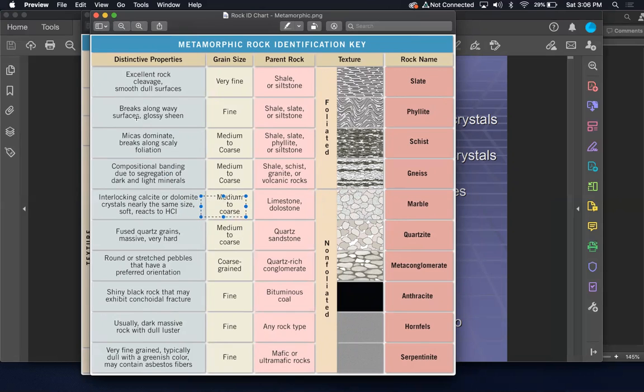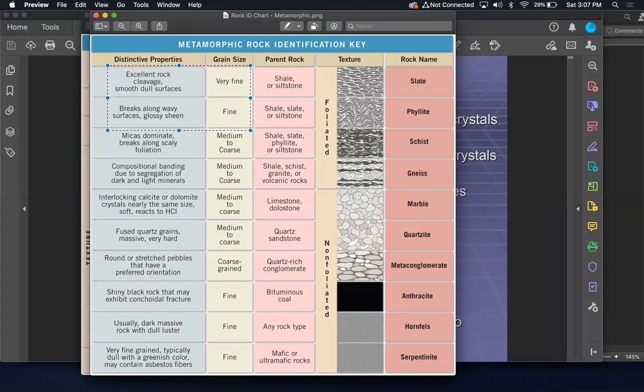And what you do see, let's look at these two. Excellent rock cleavage means you've got those sheety, micro thin layers of crystal that, if you put a screwdriver in there and tapped it with a hammer, you could get it to split. That's what they mean by excellent rock cleavage. Smooth, dull surfaces. That definitely looks like it had a smooth, dull surface.